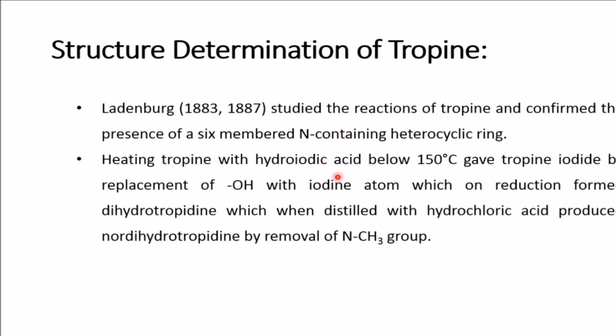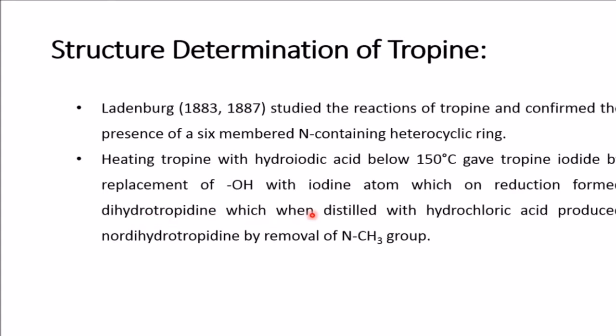Heating tropine with hydroiodic acid below 150 degrees centigrade gave tropine iodide by replacement of the hydroxyl group with an iodine atom, which on reduction formed dihydrotropidine, which when distilled with hydrochloric acid, HCl, produced nordihydrotropidine by removal of a methyl group.